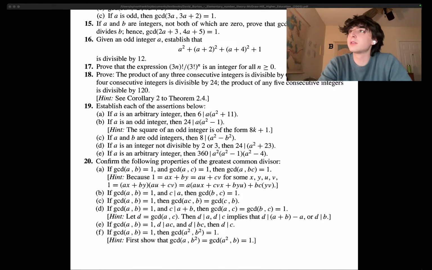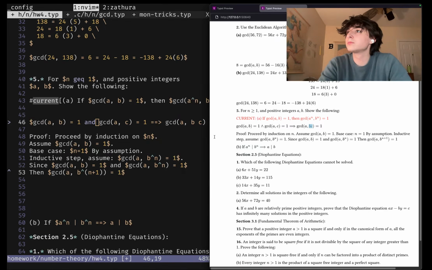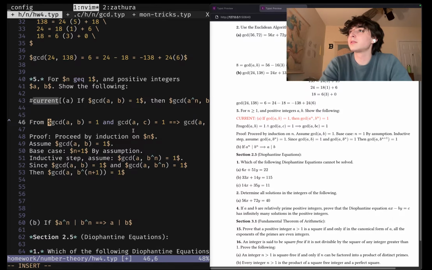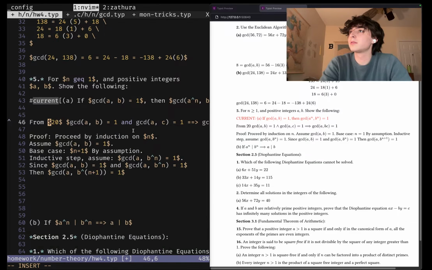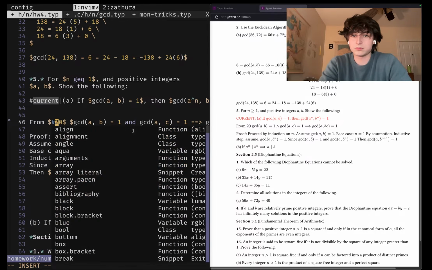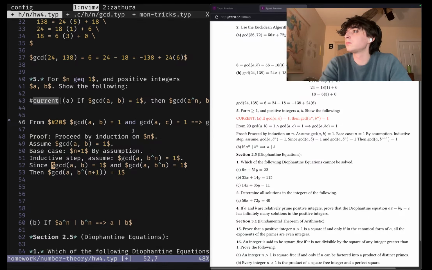Like, by exercise 20.a, we have this lemma. And if you want to be really nice, in your proof you should mention at which step you apply the lemma. So we have, since blah blah and blah blah, we may conclude from the lemma or the exercise that, and then you're fine.